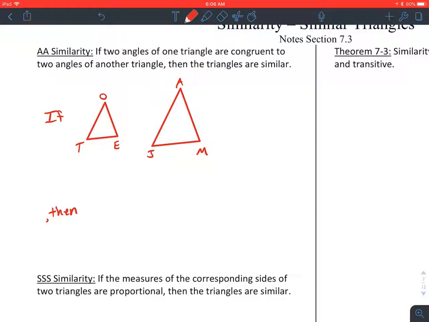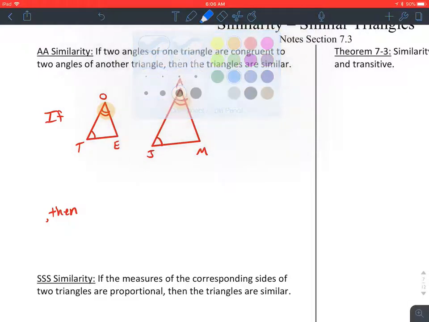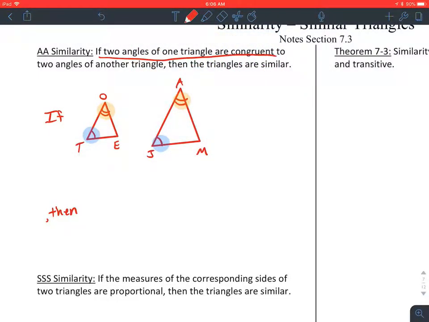So if, for example, in triangle TOE, we have an angle that is one arc and another that's two arcs, and then in triangle JAM, we have an angle that's one arc and another that's two arcs. Notice how those two are the same and those two are the same. So if two angles of one triangle are congruent to two angles of another triangle, that's what we have in our picture. Our conclusion is these are similar triangles.